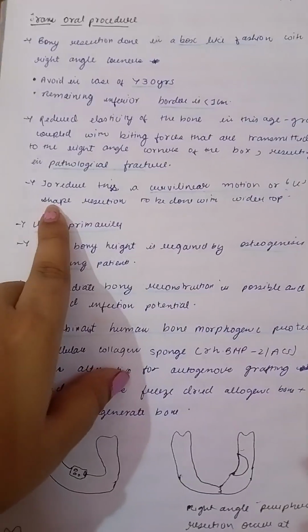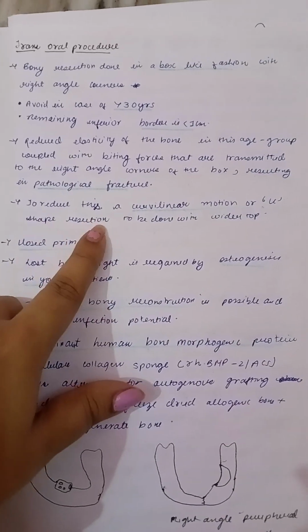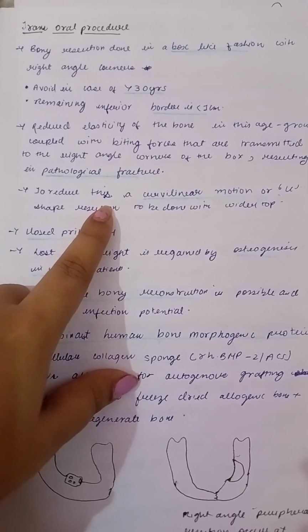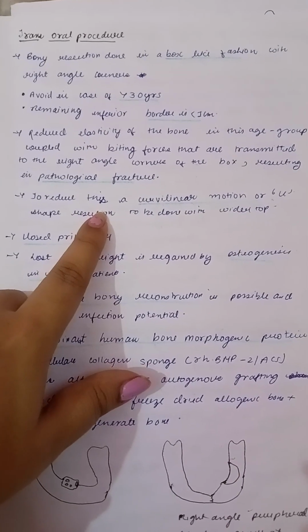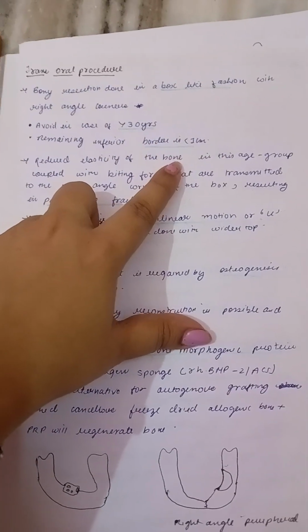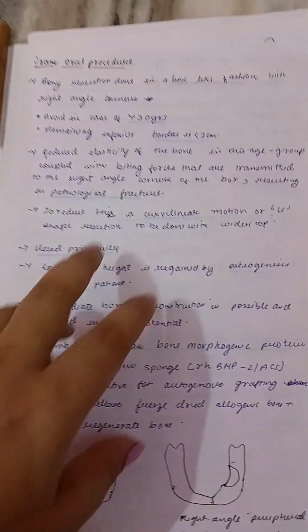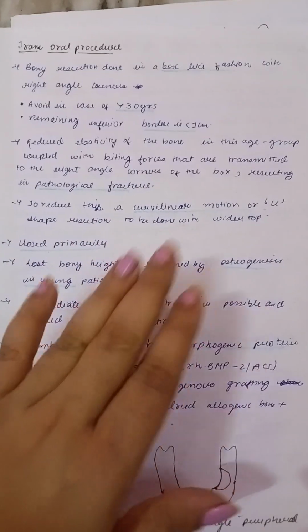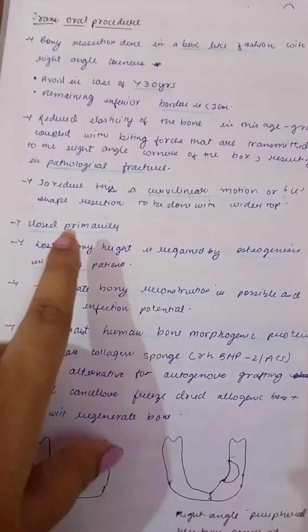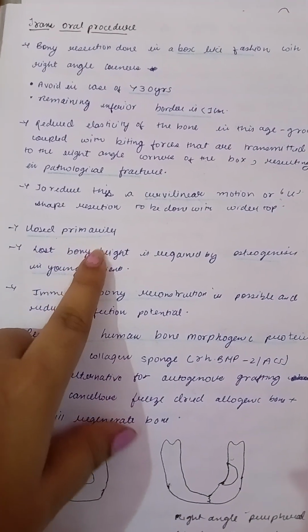So to reduce pathological fracture due to the right angles of the box-shaped pattern in old age people, or those in whom the inferior border is less than 1 centimeter, we give a curvilinear or U-shaped resection with a wider top. It is closed primarily.